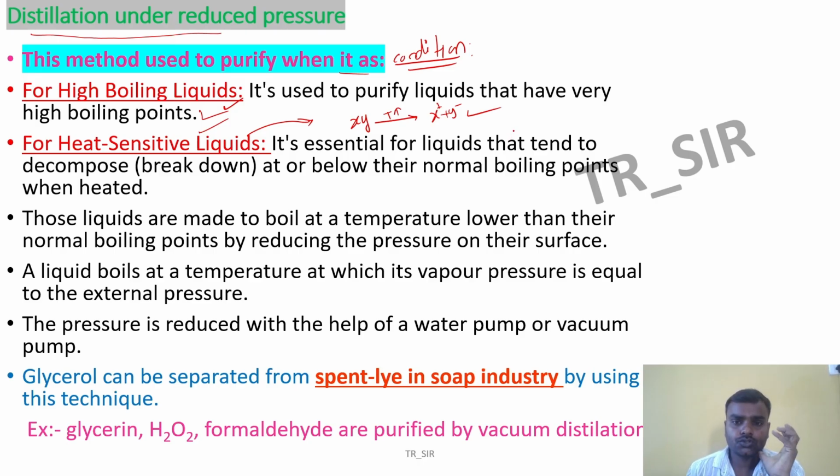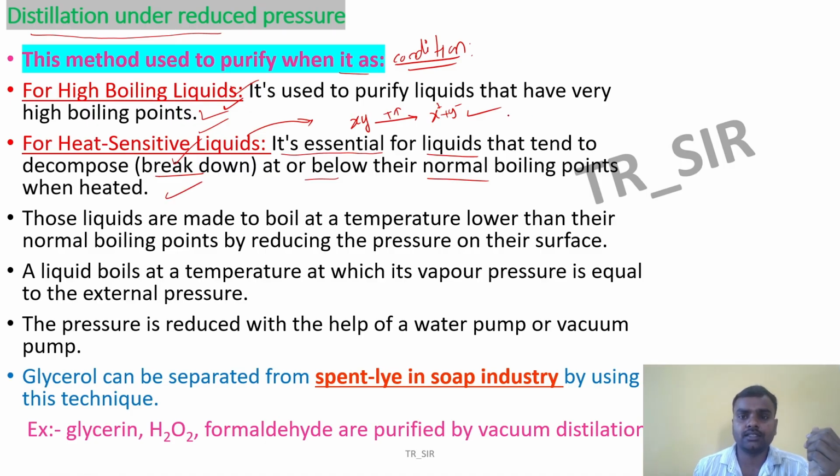The compound should not decompose or dissociate upon heating, since here we are only separating. So what happens? I may have a compound with a high boiling point that is also heat sensitive. It is essential for liquids that tend to decompose or break down at or below the normal boiling point when heated.